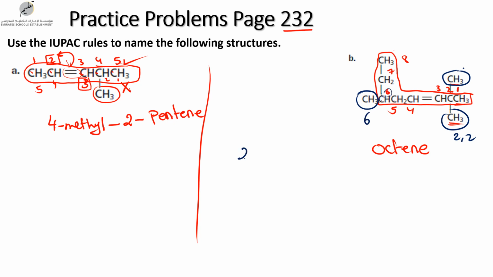So it will be 2,2,6. How many methyl groups do I have? 3, so trimethyl. What's the location of the double bond? It's carbon number 3, not number 4, because 3 is lower than 4. So 3-octene. And this is how we name alkenes.